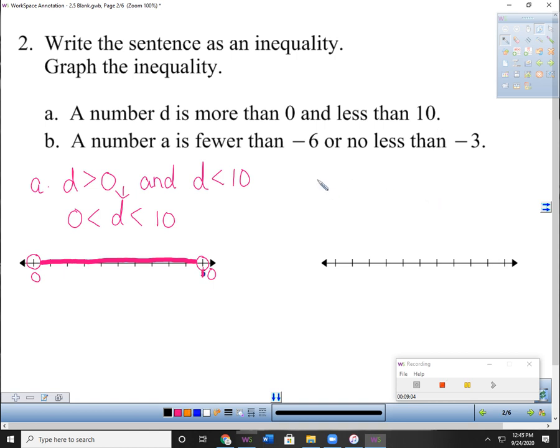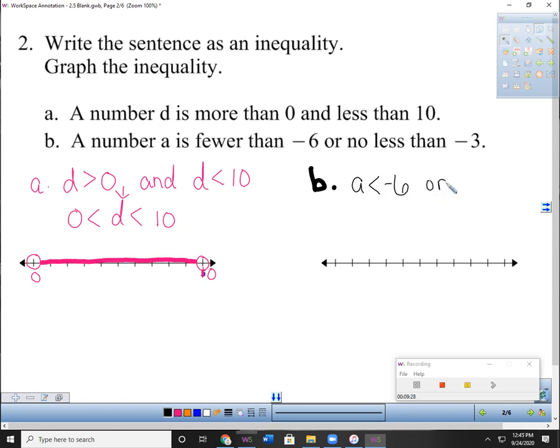Alright, part B. A number A is fewer than -6. So if I say it's fewer than -6, that would have to be all the numbers that are less than -6.